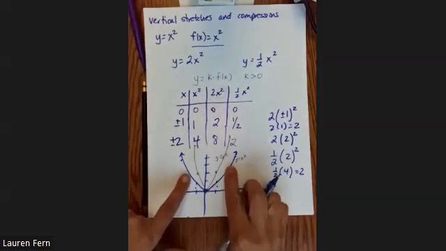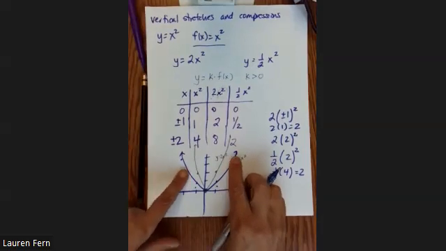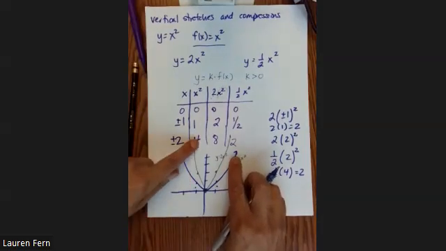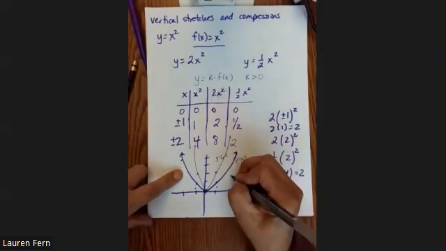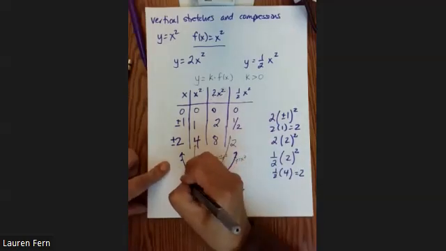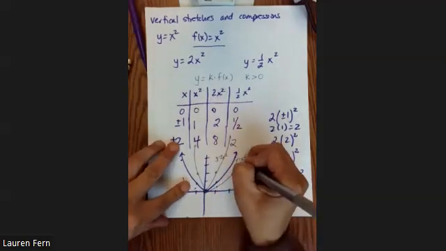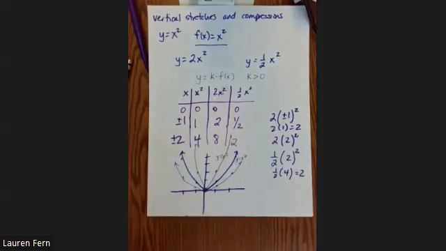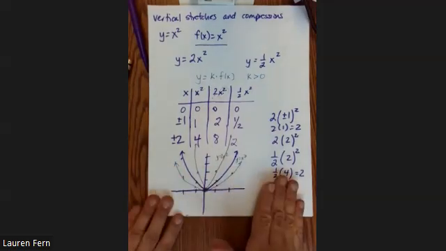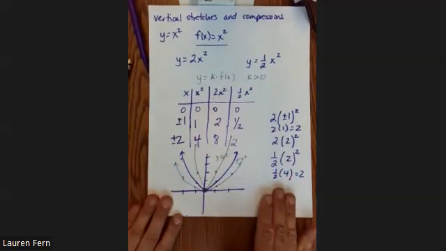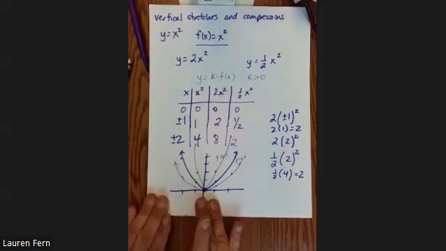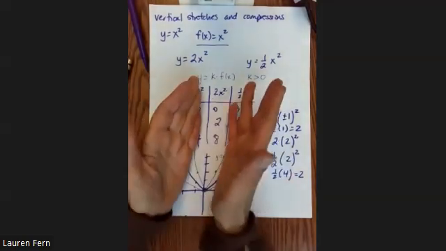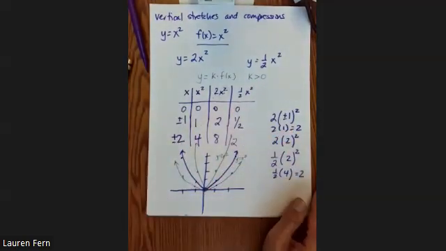And if I plug in positive or negative 2, instead of originally being at 4, I'm at half of that. So this time, we didn't shift our graph left or right or up or down, but what we did is we stretched it or we compressed it.